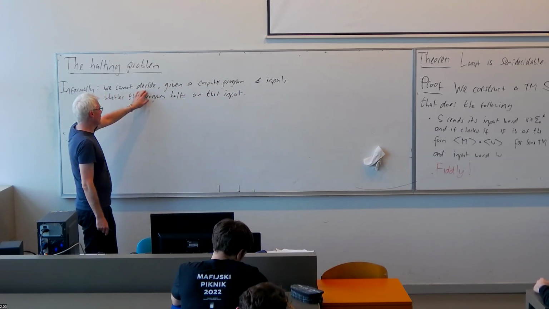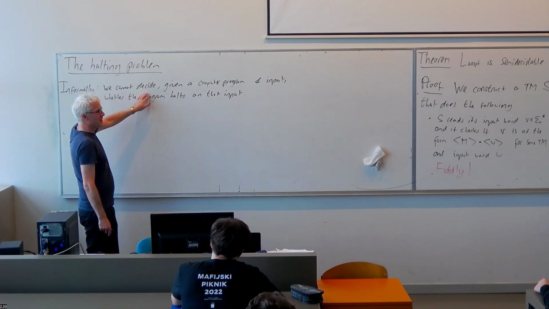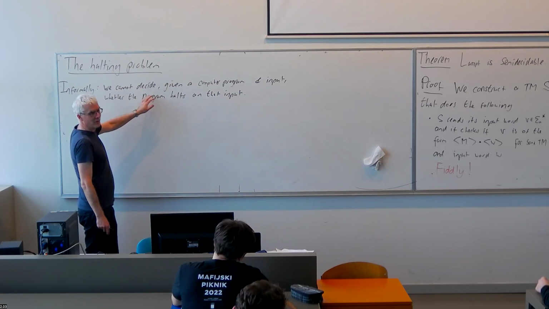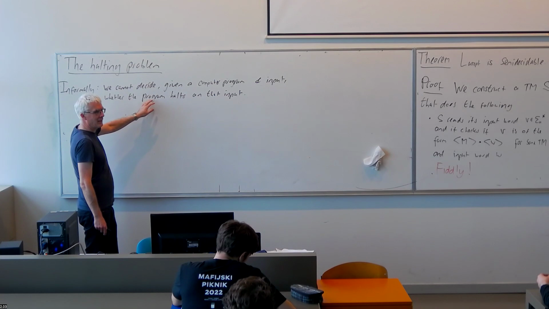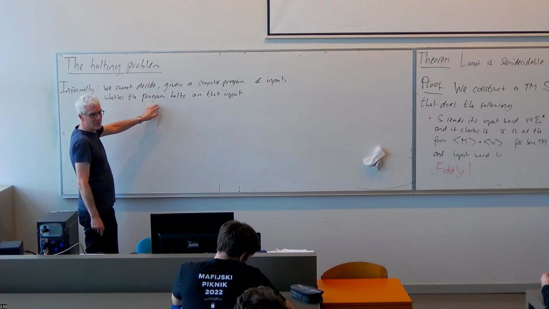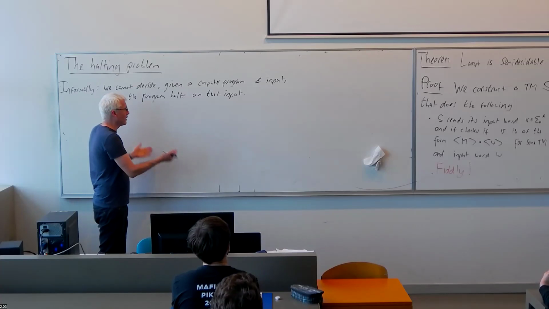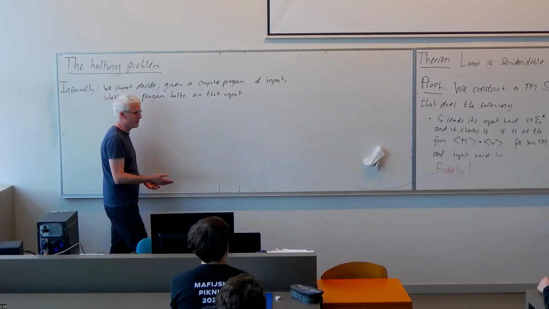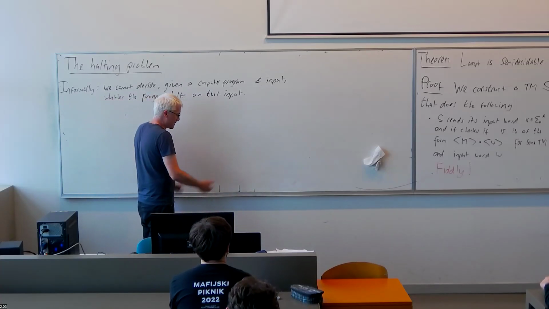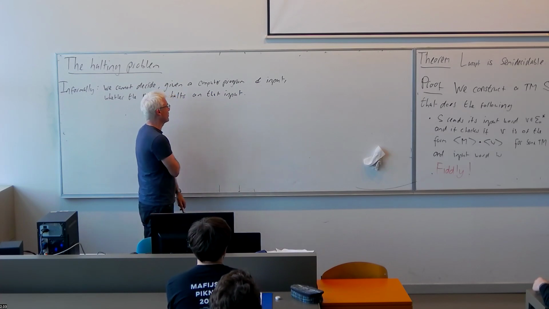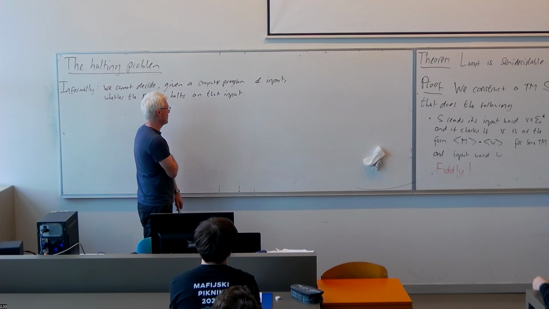The relevance to the real world is that this tells us there's a mathematical reason for it being very difficult for programmers to tell whether or not their programs have this sort of bug. Because there's no algorithmic way of, given a program, testing whether or not it has these bugs.